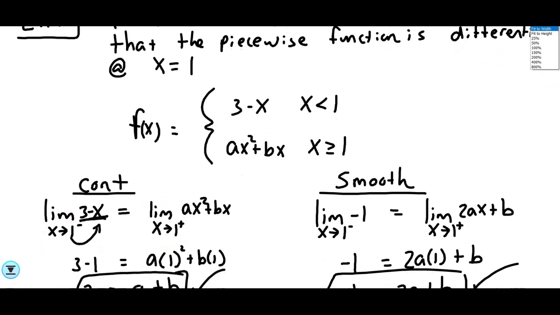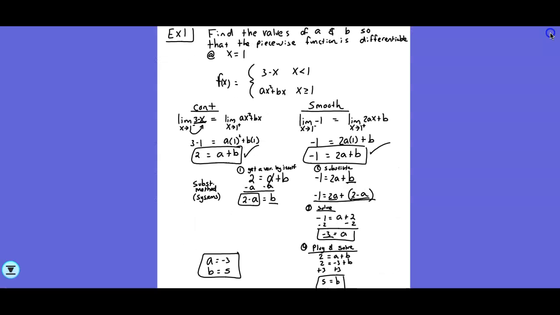Actually, let me see if I can zoom out a little bit. There we go. So the first thing that you're going to do is you're going to create one equation by forcing the functions to be continuous. And from that I got here, right? Then you're going to create another equation by forcing the derivatives to be equal.